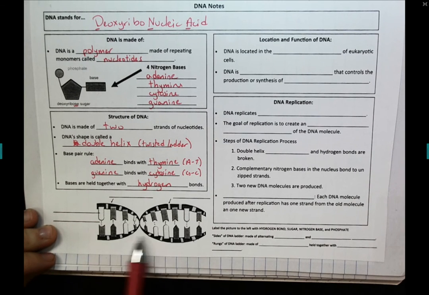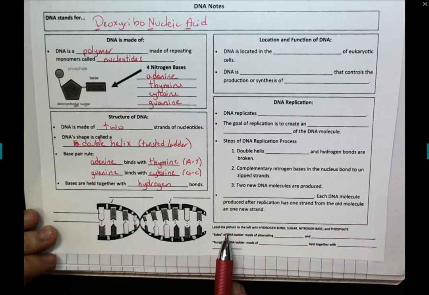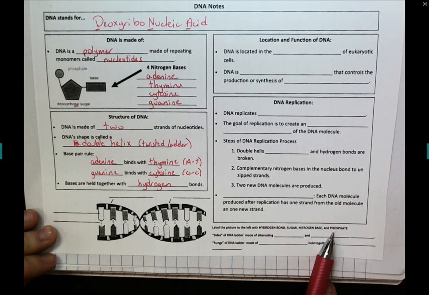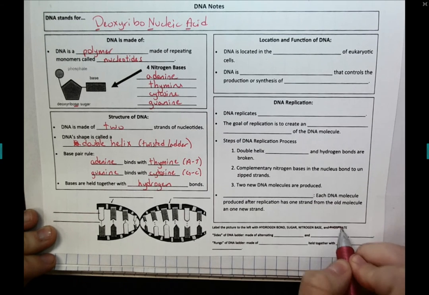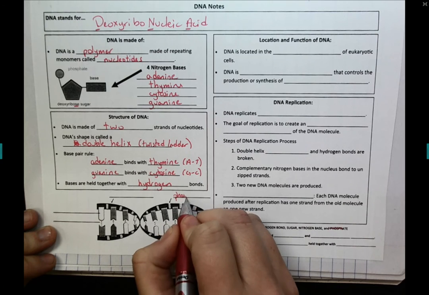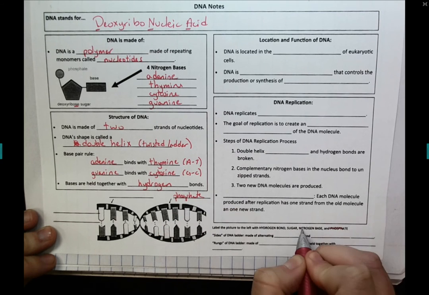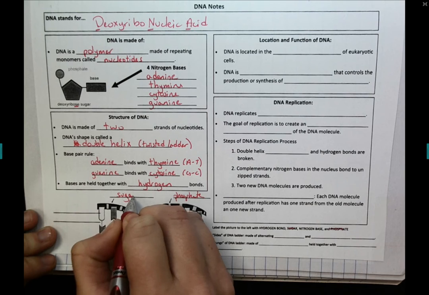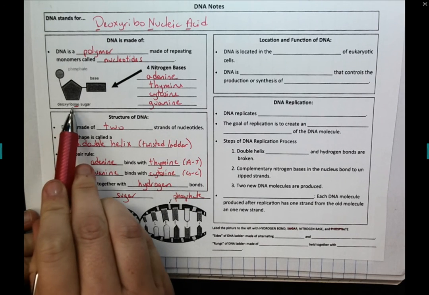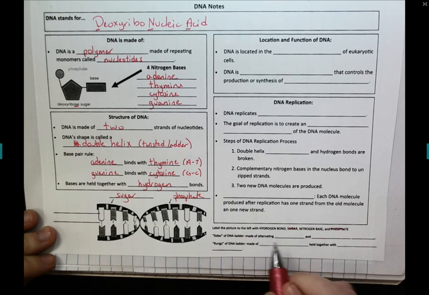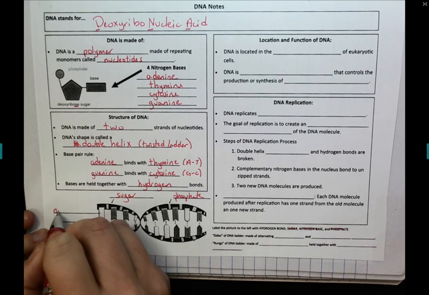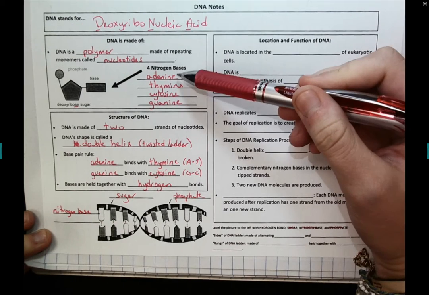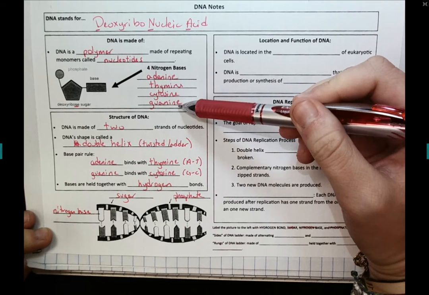So we have a picture of our double helix. We're going to label the picture with hydrogen bond, sugar, nitrogen base, and phosphate. So we're going to start with phosphate. That's going to go right here. So phosphate, here's our sugar, and specifically, right, it's our deoxyribose sugar. Then we have our nitrogen base, which could be either adenine, thymine, cytosine, or guanine.